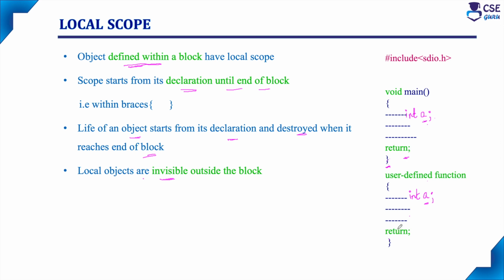So local variables are invisible outside the block. Only within the block will it be visible, from its declaration till the end of the block. It will not be visible outside the block or for other user-defined functions.